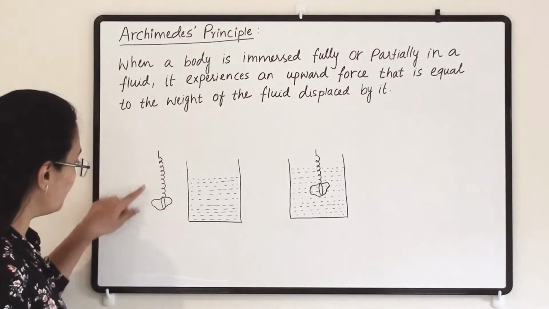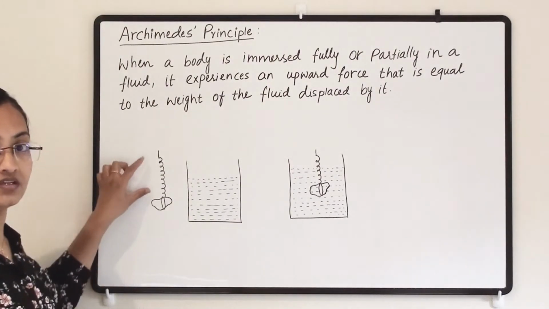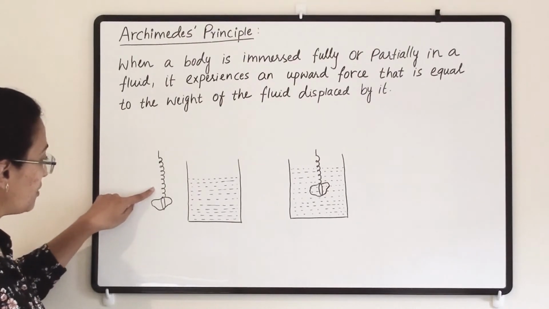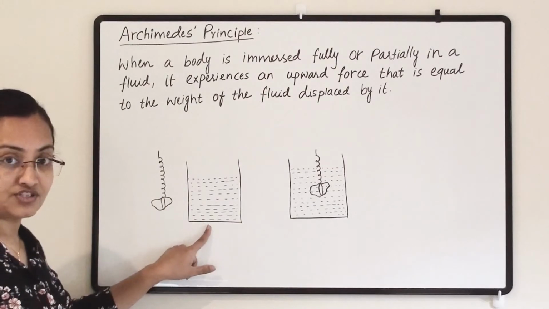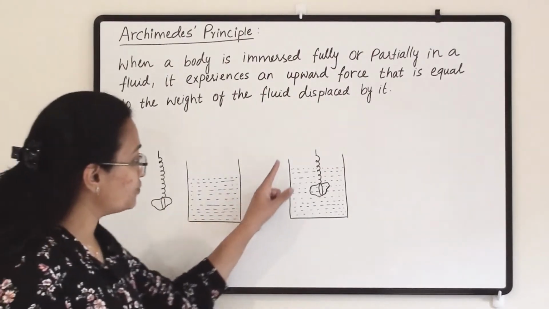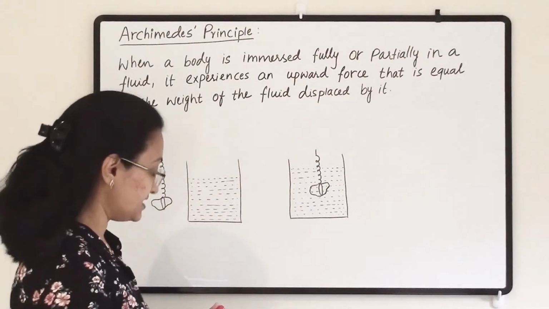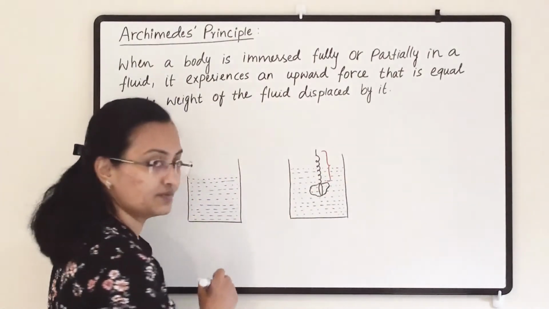So here we have taken one stone and we have attached this stone with an elastic string, and we can see here this string has been elongated because of the weight of the stone. This is a container which is filled with water. Once we immerse this stone into the water, we can see that the elongation of the string has been reduced.